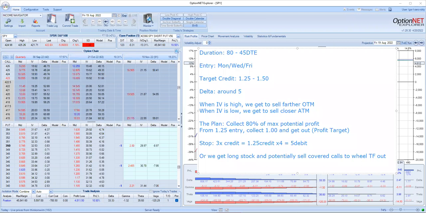You should be somewhere about 70 to 80%. And if you're selling puts that are closer at the money, you might be able to get a higher capture rate, but I think you should be somewhere in the neighborhood of about 70 to 80%.